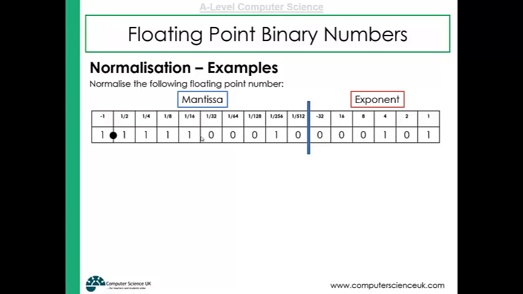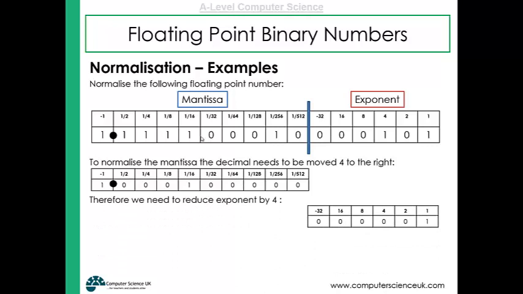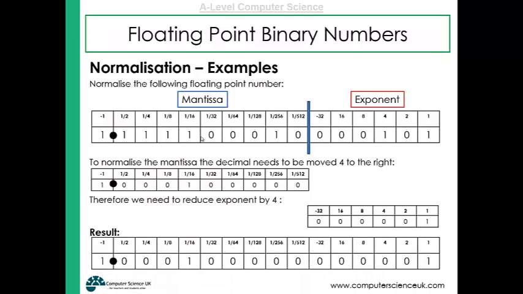Therefore we need to reduce the exponent by 4. So to normalize the mantissa, we move it 4 places to the right like we've done here. We now reduce the exponent by 4, so it goes from 5 down to 1. The result therefore is the following floating point binary number. And that's an example of normalization for both positive and negative mantissas.